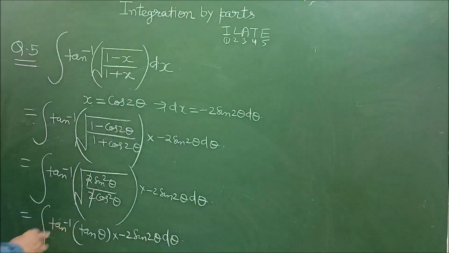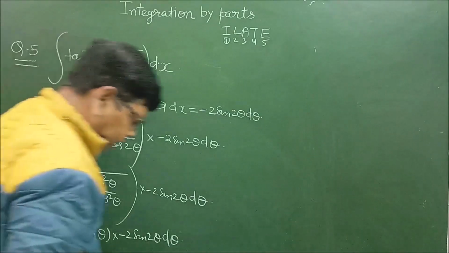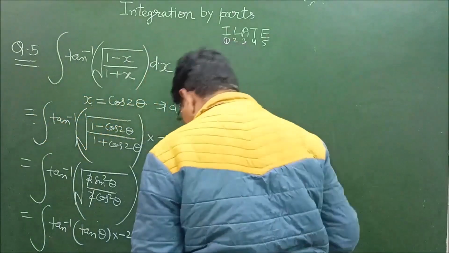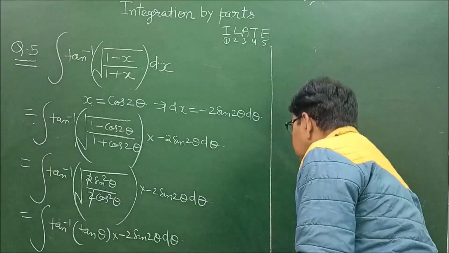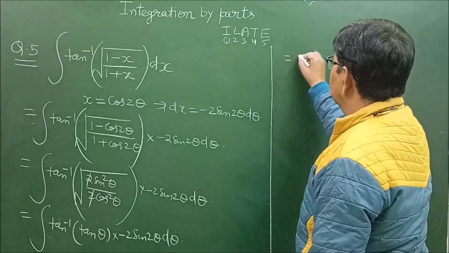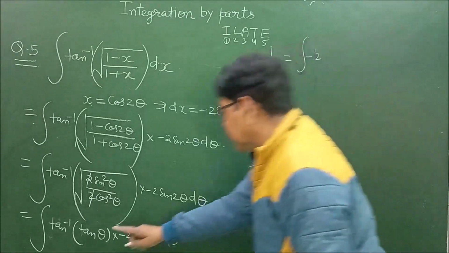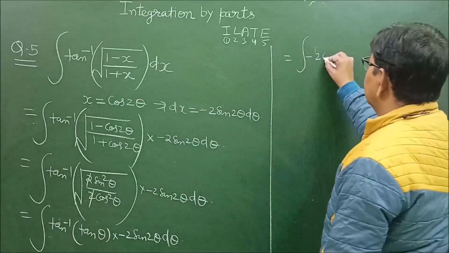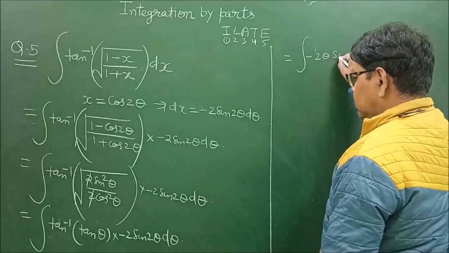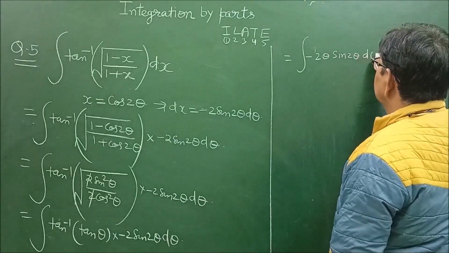Now this tan inverse tan theta is equal to theta, so we get minus 2 theta sin 2 theta d theta.